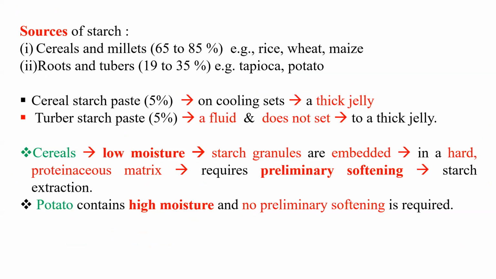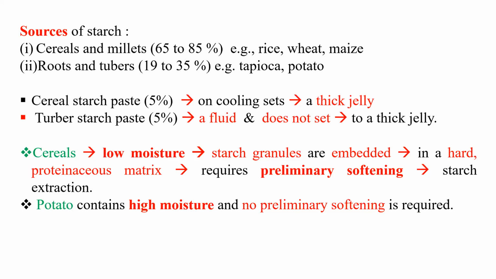What is the basic difference between these two groups? Let us see. Cereal starch paste containing 5% solution on cooling sets into a thick jelly, whereas tuber starch paste of 5% concentration remains simply as a fluid and does not set to a thick jelly.